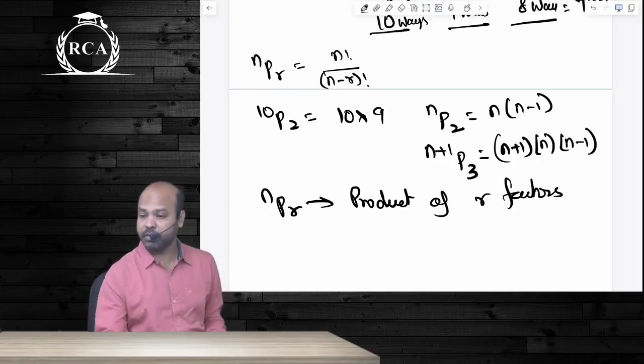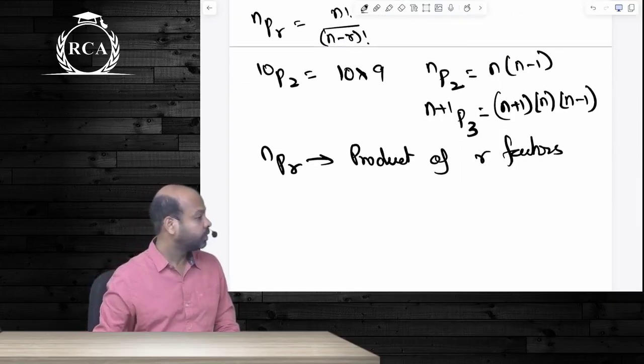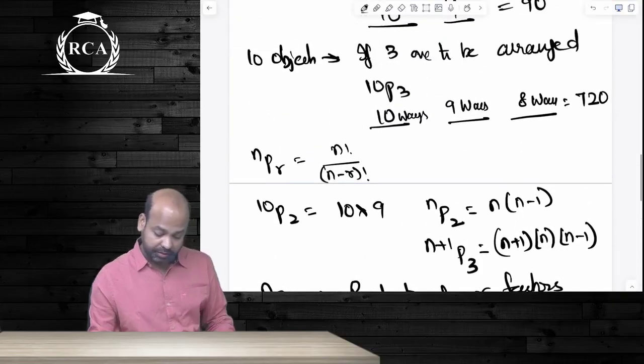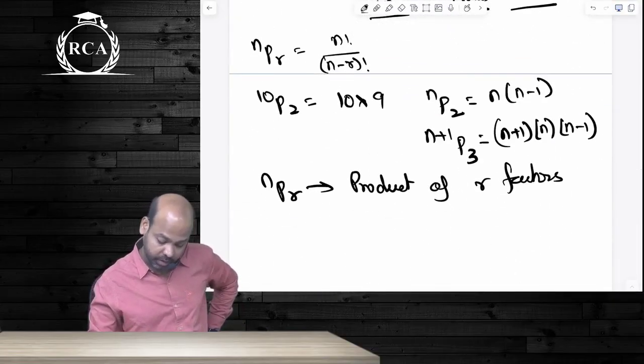Are we clear, kids? Did you understand this? After this, this is the simple case of arrangement wherein we write 10p2, 10p3, nPr.